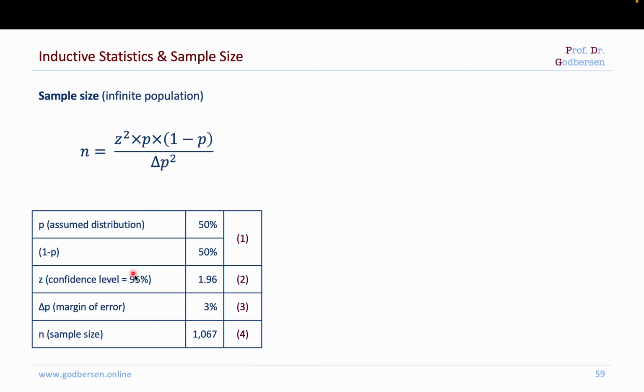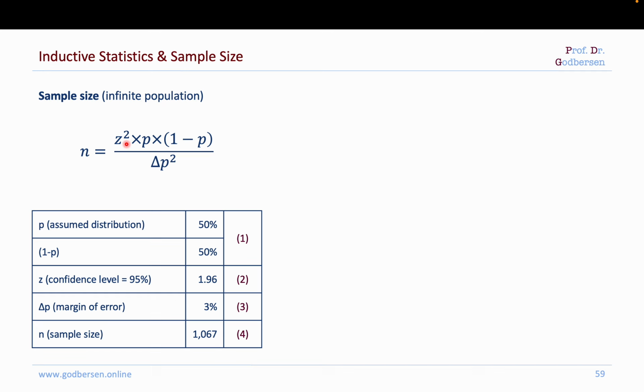The z value is a standardized value that is related to a certain level of confidence. And the standard is to assume we're right with a probability of 95%, a confidence level of 95%, and the corresponding z value is 1.96. Here again, the z value is in the numerator.